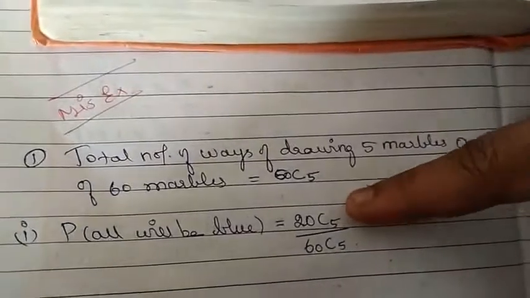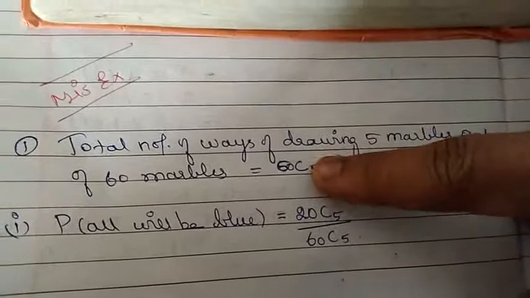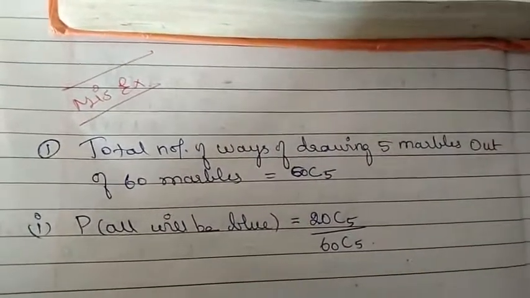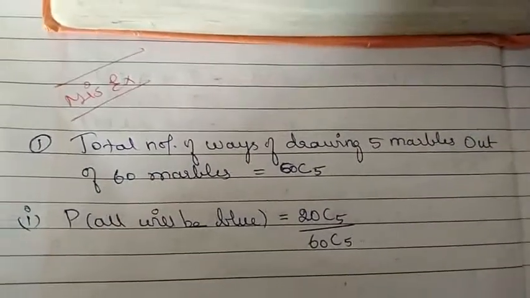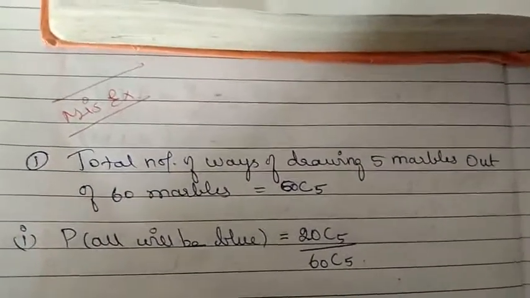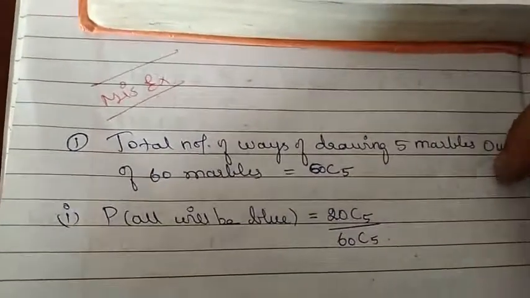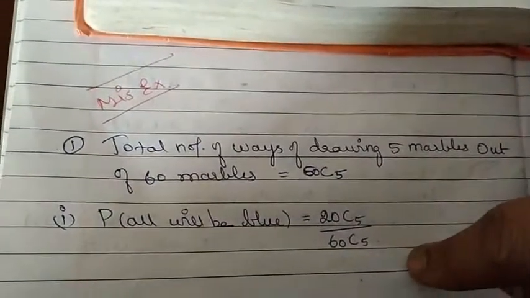Therefore it is 20C5 divided by the total number of outcomes, 60C5. If you have smaller numbers, you can simplify and give your answer. If it is a bigger number, you can leave it as such. So the probability that all will be blue is 20C5 divided by 60C5.